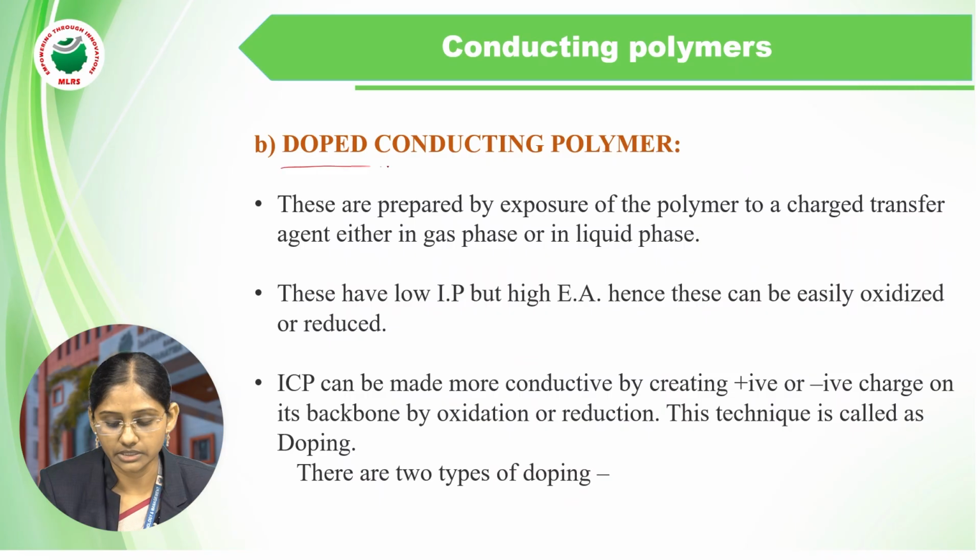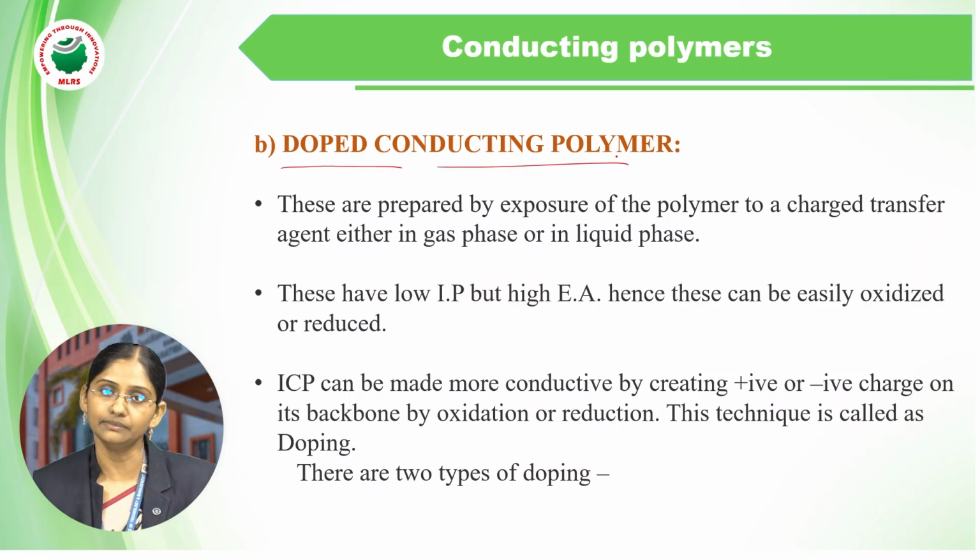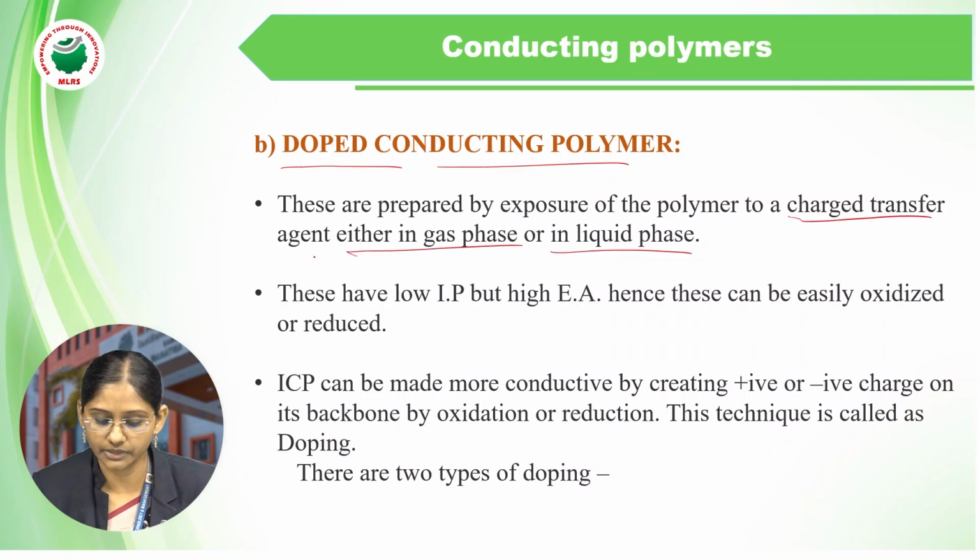Now the next one, we'll see what is meant by doped conducting polymers. First we have to know what is meant by doping. These are prepared from a charge transfer agent, either in the gas phase or in the liquid phase.